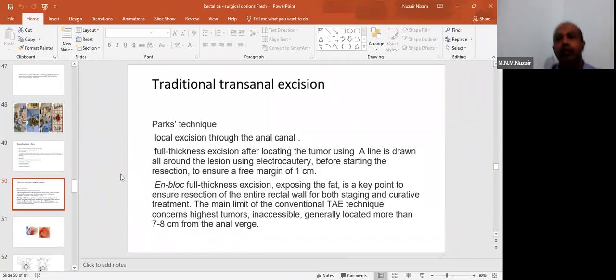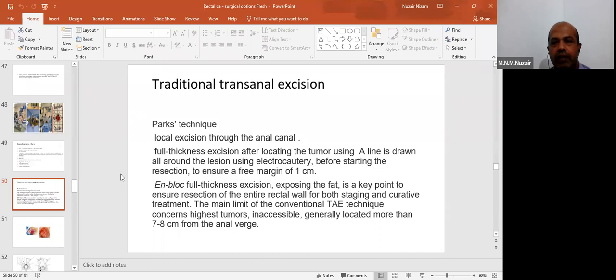And the other thing is that as surgeons, we usually perform the traditional method of transanal excision. But the problem here is we can't reach more than maybe 7 to 8 centimeter or sometimes 6 centimeter. So if the tumor is around 10 centimeter, we can excise it transanally.